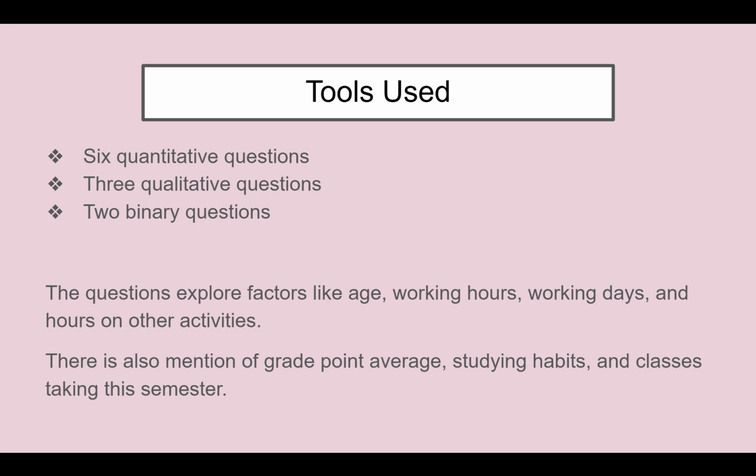When I say hours on other activities, it was mainly just exercising. So how many hours they spent exercising a day or a week, sorry. There's also mention of grade point average, studying habits, and classes taken this semester. One thing I would like to add is I also asked questions about overall mood. So, questions like, is your sleeping schedule consistent, or are you feeling anxious some days?